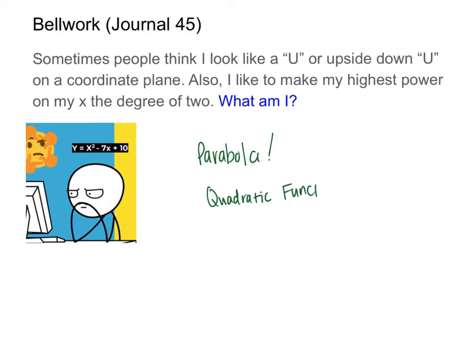I also want to mention, kind of like a sneak peek into what this unit's project is, you're going to have to be looking for a real world parabola. So what I mean is you're going to be looking for something in the real world that forms the shape of a parabola. It could be an object, or it could be a motion as well.